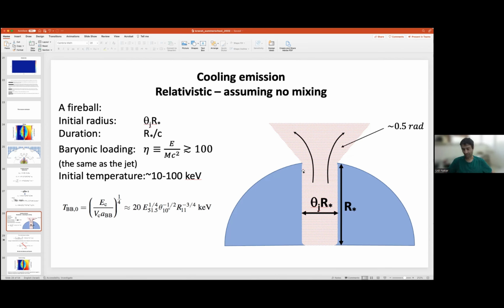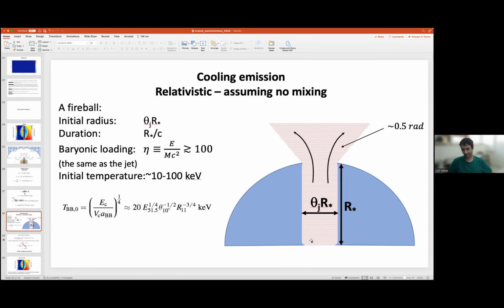We have the star, we take a cylinder within the star, the opening angle of this cylinder is the opening angle of the jet. We fill this cylinder with energy roughly 10^51 ergs, and material with energy per baryon of about 500 times the proton mass c squared.